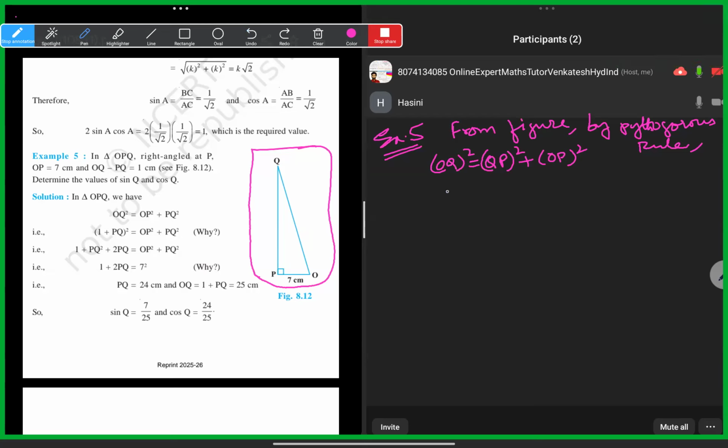So what I'll do is, from the given thing, OQ minus PQ, which is given as 1.